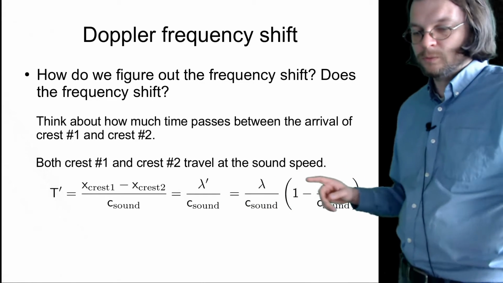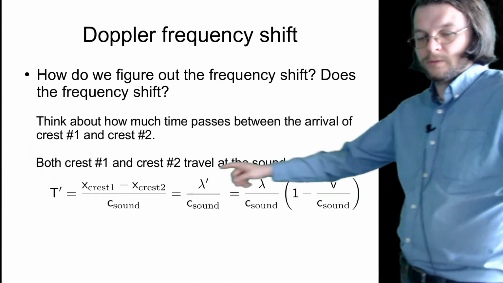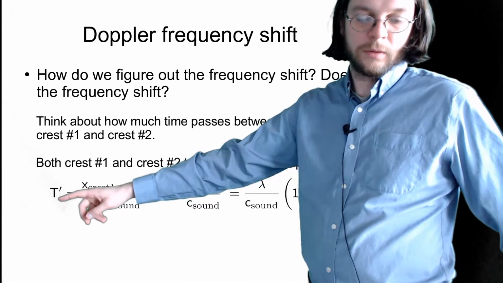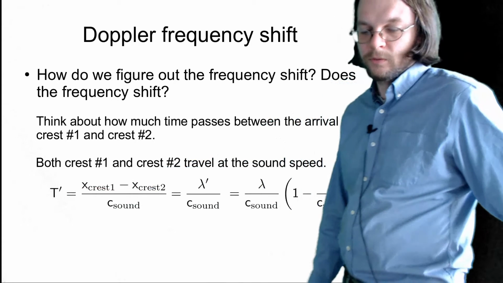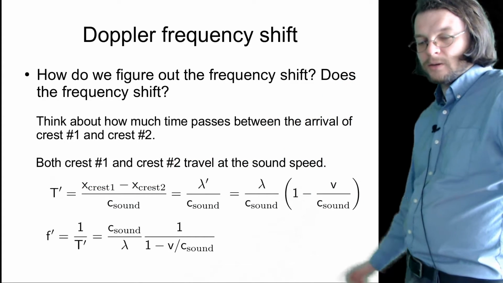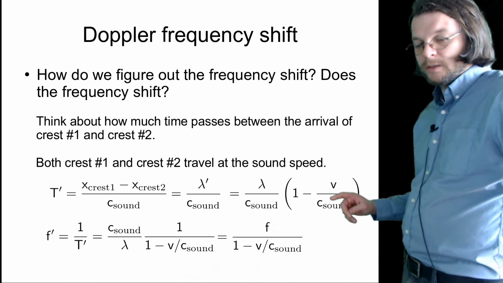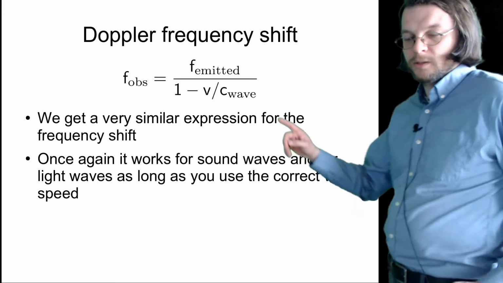Well, we know what the new wavelength is. And so you can say, all right, if this is the new period, then the new period is 1 over the new frequency. So you can invert that, 1 over that, and get something like this. One way or another, you end up with this.